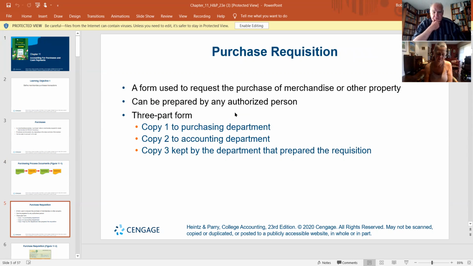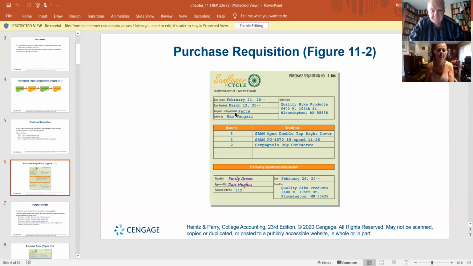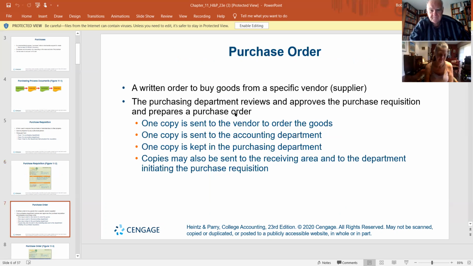The purchase requisition can be requested by just about anybody and prepared by any authorized person, and then copies go around. Here is a requisition. It looks just like an invoice. In fact, that's the fanciest requisition I've ever seen. Usually it's almost a blank piece of paper where you just write out what you need. The purchase order is the contract between the buyer and the seller.